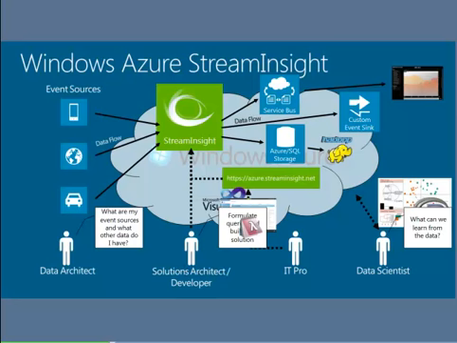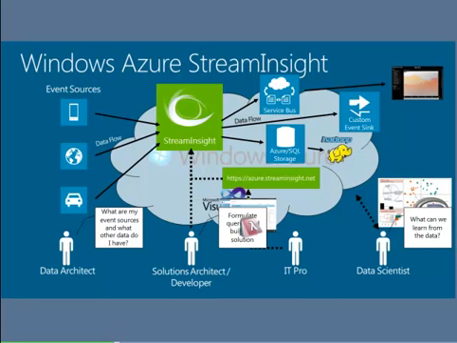So going back to the interactions here, the IT Pro persona using the Azure portal to interact with the existing Stream Insight instance. What are the other interactions here? So the IT Pro has provisioned. Now, how do we go from there? Well, we're assuming there is somebody like a data architect that knows about the event sources and the data formats and properties provided by the event sources.